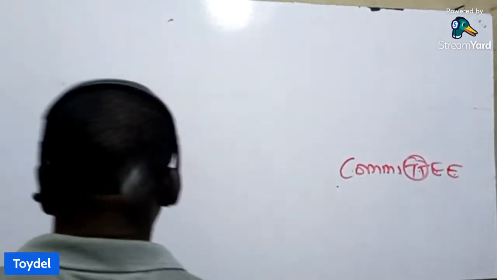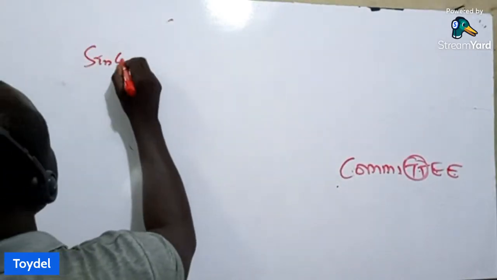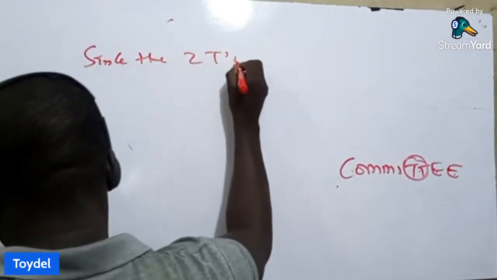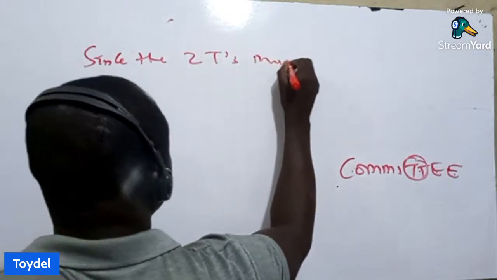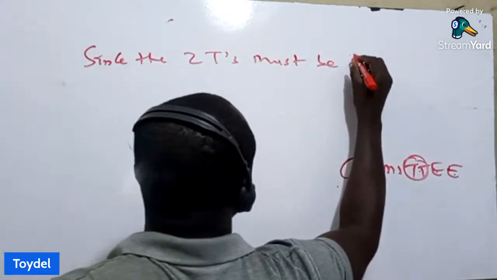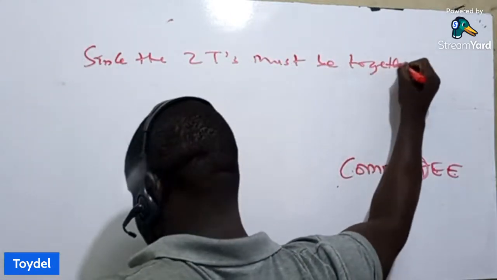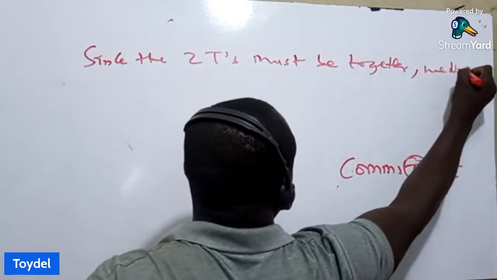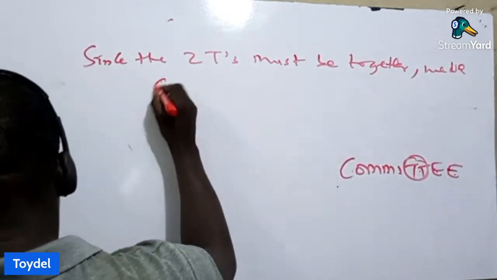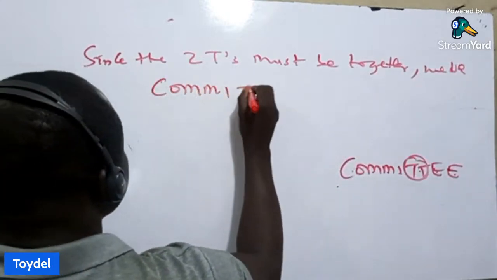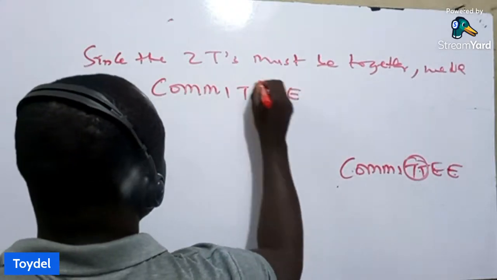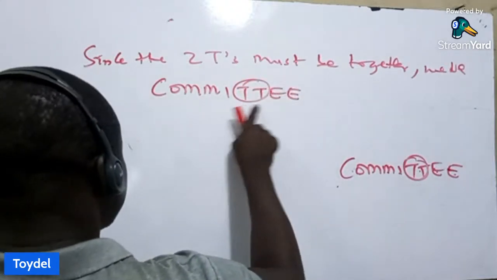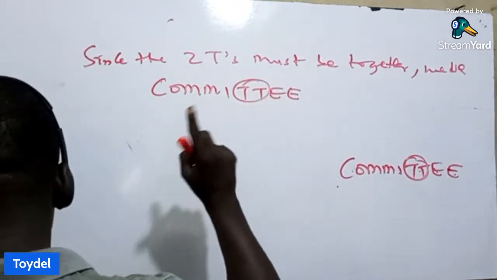We see the 2 T's together. So since the 2 T's must be together, we have committee. We combine the two, so we view it as one.